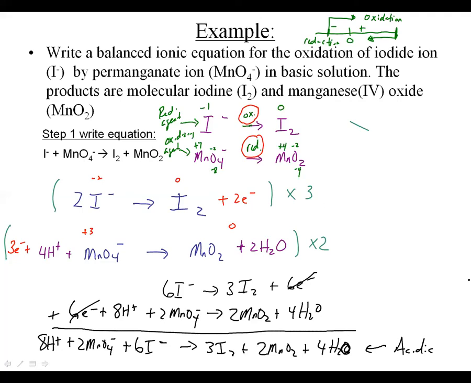We have 2 Mns on the left, 2 on the right, 8 oxygens on the left, 4 and 4 is 8 on the right, 6 I's on the left, and 6 I's on the right. Overall charge on the right-hand side is 0. Overall charge over here, +8 and -8 is 0. So at this point, it would be balanced in acidic conditions.